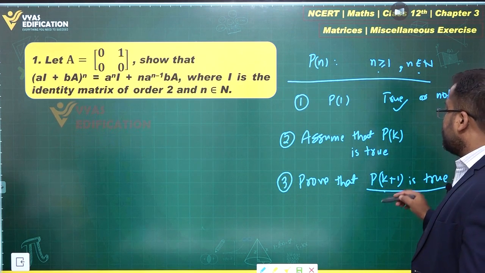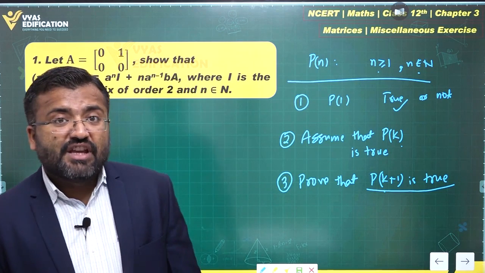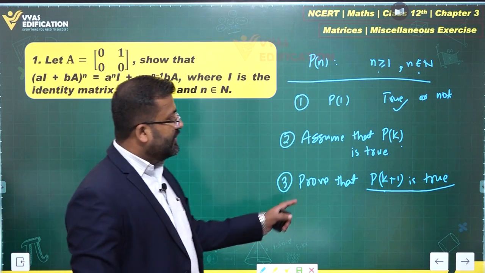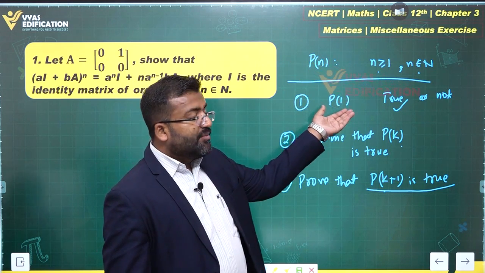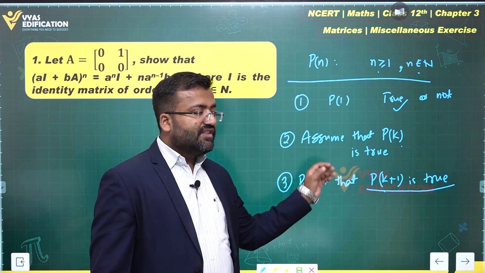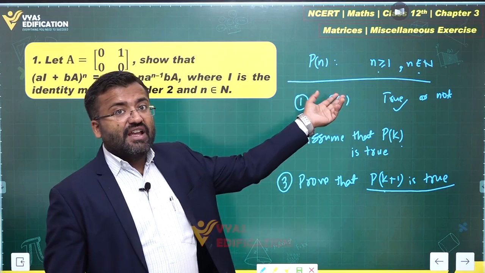We'll prove that Pk plus 1 is true using this assumption that Pk is true. Those are the steps involved in the principle of mathematical induction. Any proof involving it will use these steps, right? That P1 is true, then whenever Pk is true, Pk plus 1 is true. Once you prove this by principle of mathematical induction, you can say that the statement Pn is true.